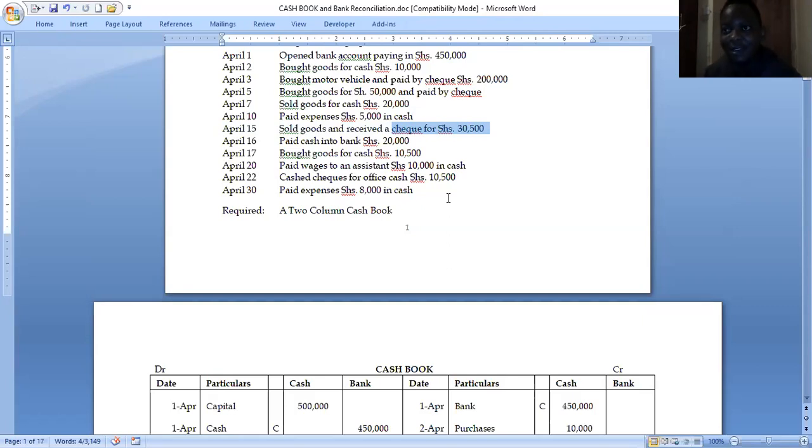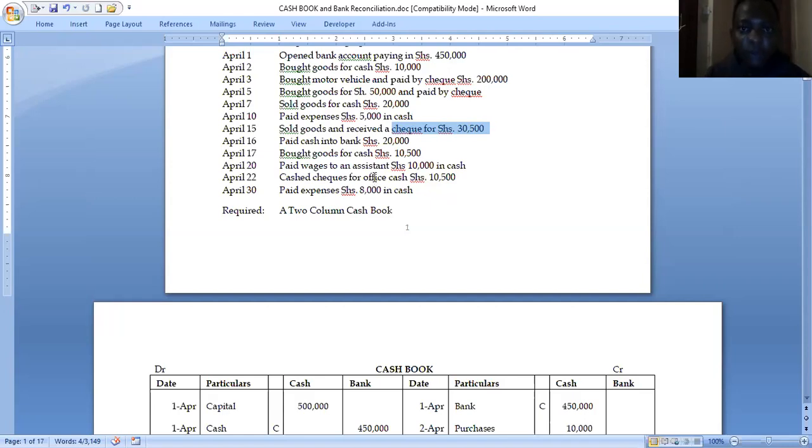Have I said it right? Whenever revenue is going up, you're supposed to credit the revenue, and whenever an asset is going up, you're supposed to debit the asset. So in this case, we debit the bank account and credit the sales account.